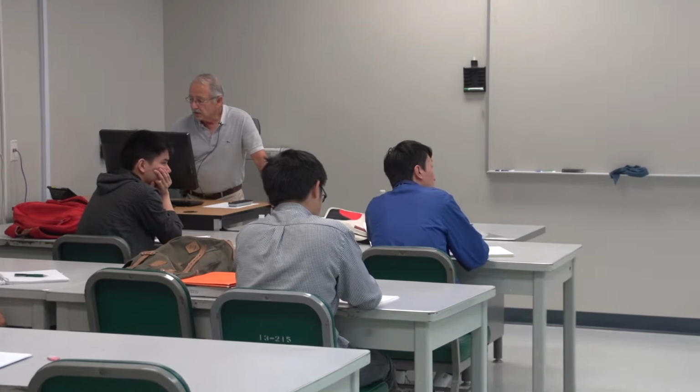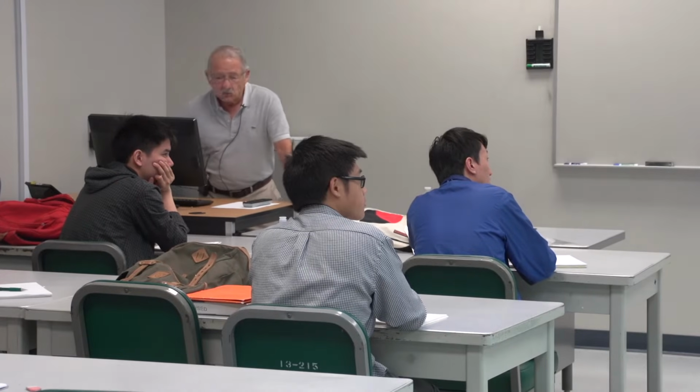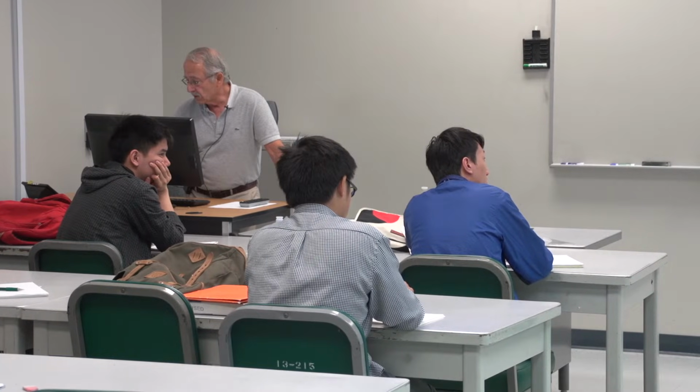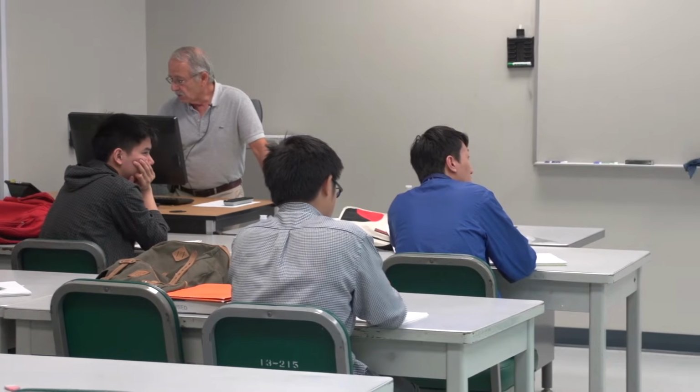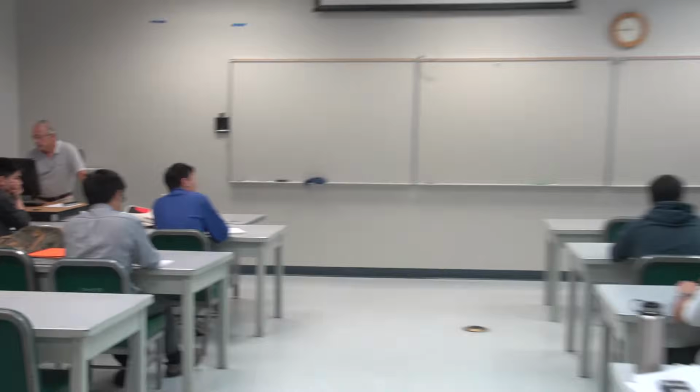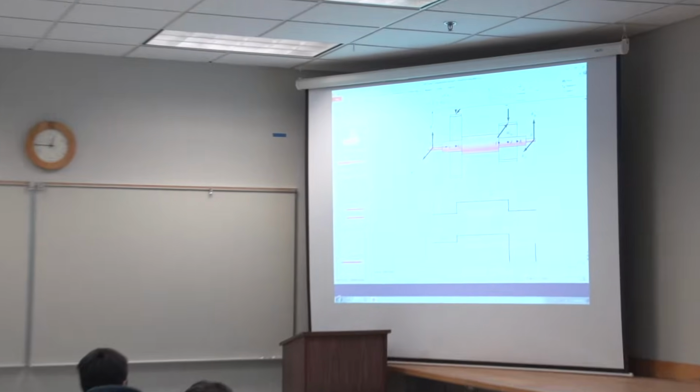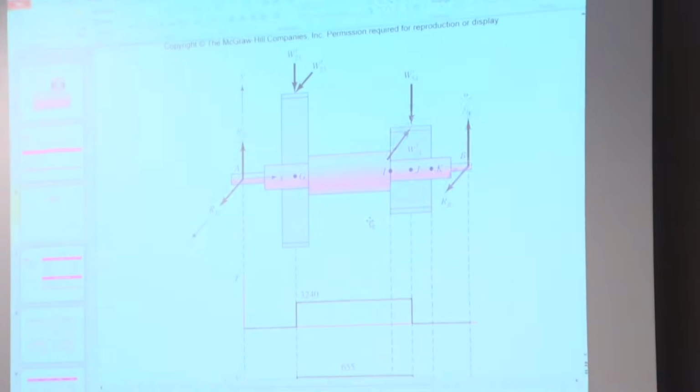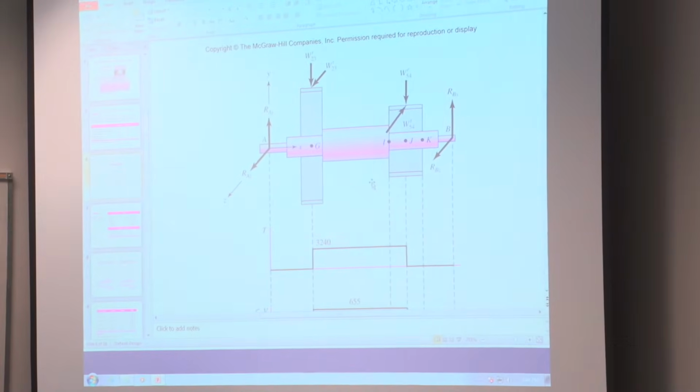I would like to talk about this for a couple of seconds. Most shafts are loaded as you see.